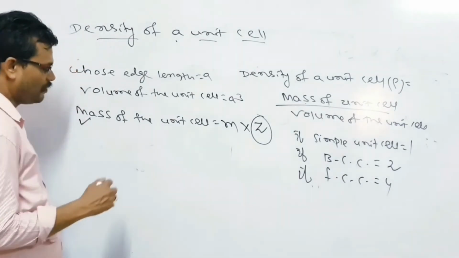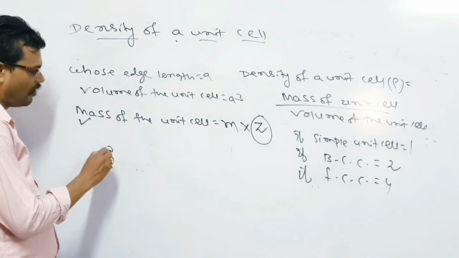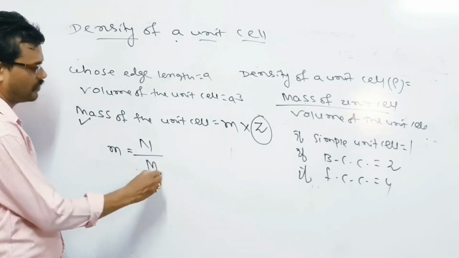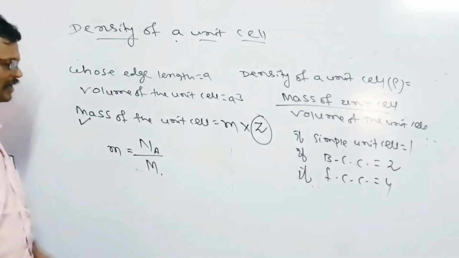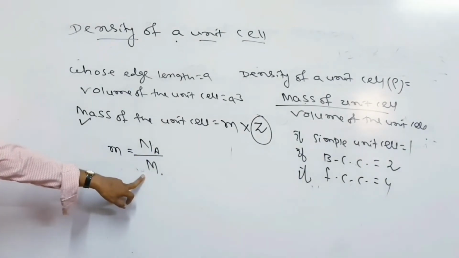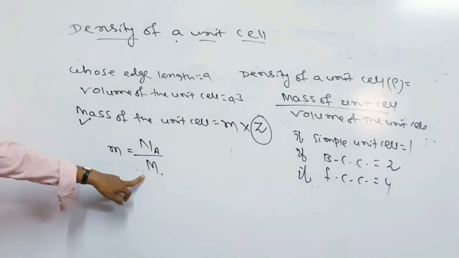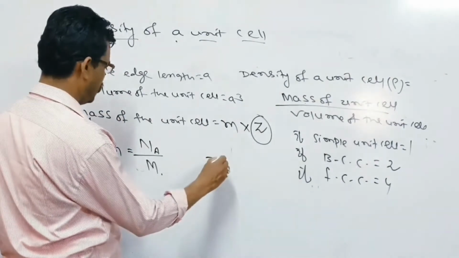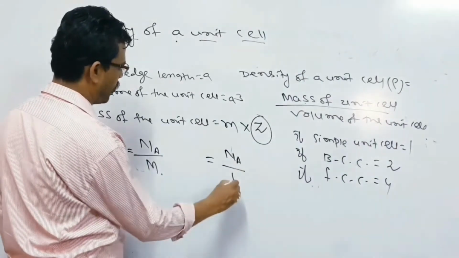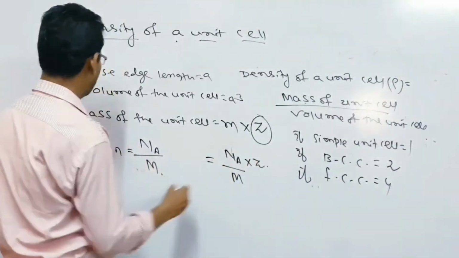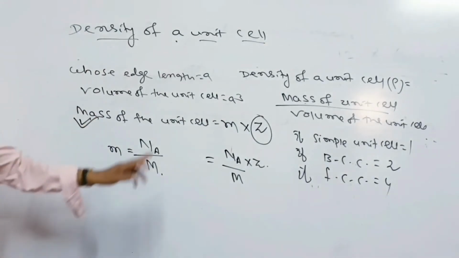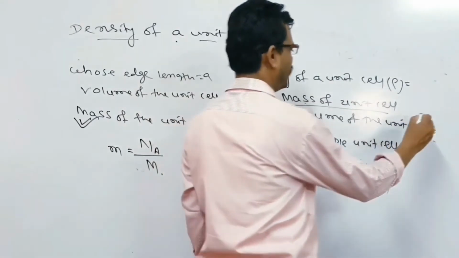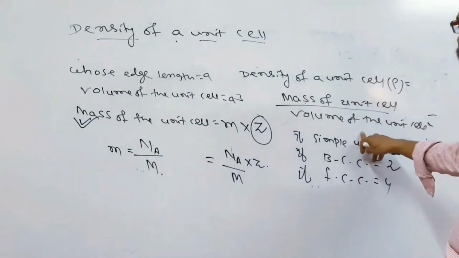Again, you know that small m equals M by N a, where N a is Avogadro's number and capital M is the molar mass. So in place of small m, we can put M by Na into z. That is the mass of the unit cell. Whenever you have to find the density of the unit cell, it is the mass of the unit cell divided by the volume of the unit cell.